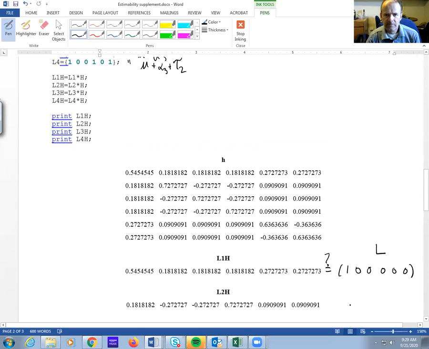Clearly not, right? So what that's telling us is that mu is not estimable. What does that mean? It means that what you get for the intercept is not unique, and we know that.